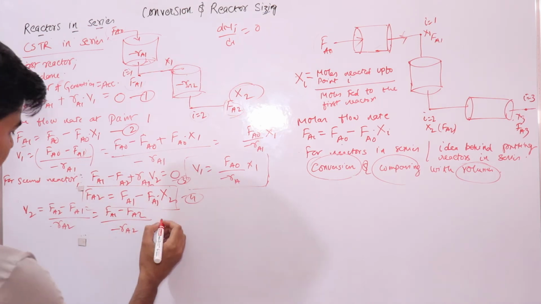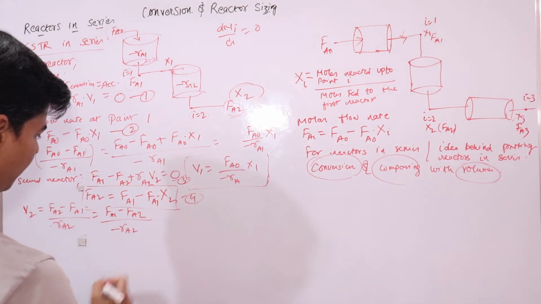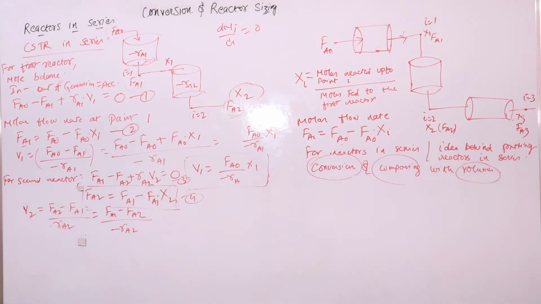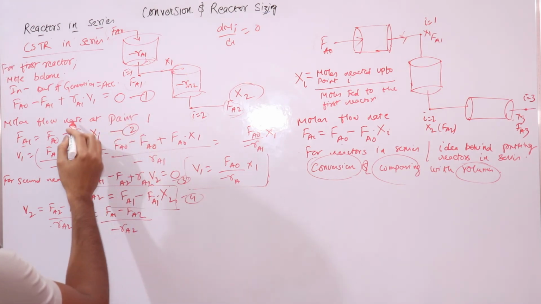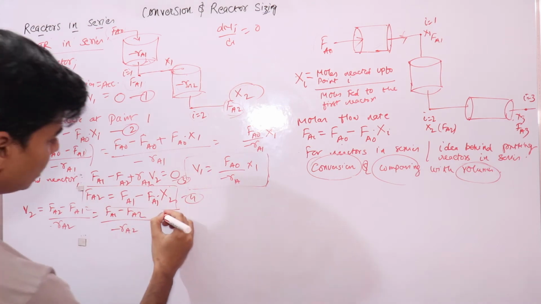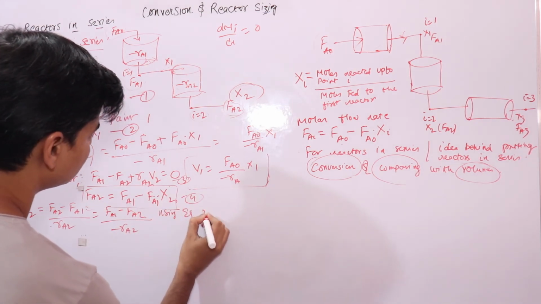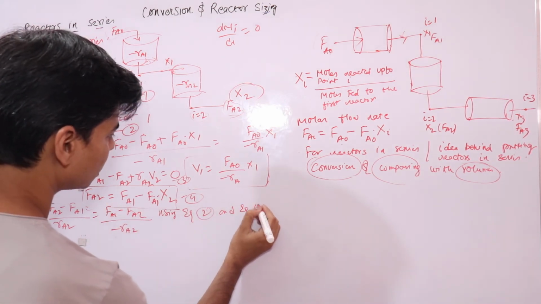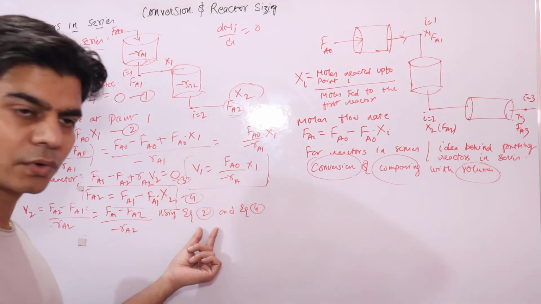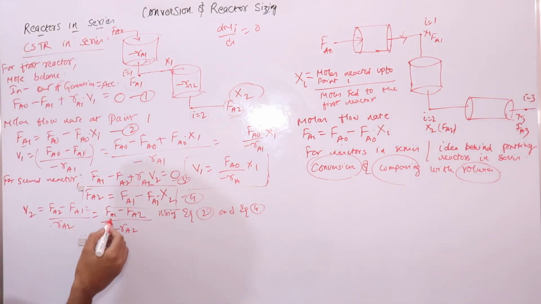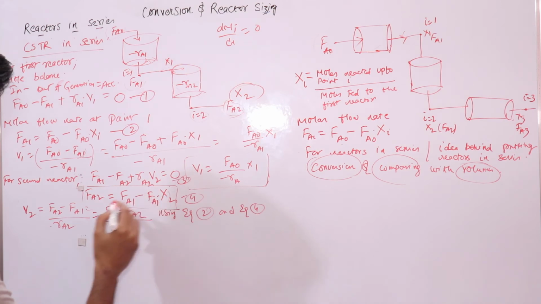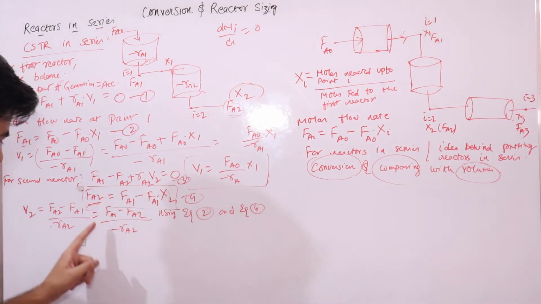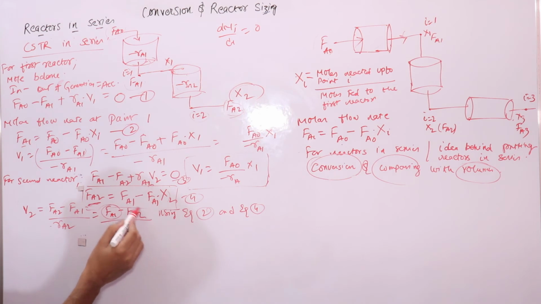Fa2 we have already calculated, and what is the value of Fa1? It's from the second equation, right? So using the second equation and this fourth equation, from the second equation we are using the value of Fa1, from the fourth equation we are using the value of Fa2, and substituting those values in this expression for Fa1 and Fa2.